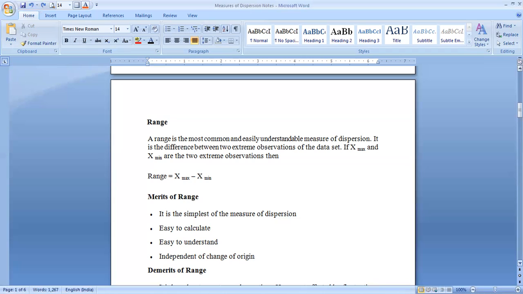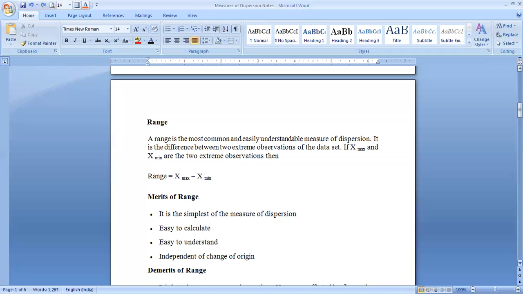So range is the largest value minus the smallest value of the given data set. And one more definition we can use here is for the coefficient of range. Coefficient of range is given by x maximum minus x minimum upon x maximum plus x minimum.